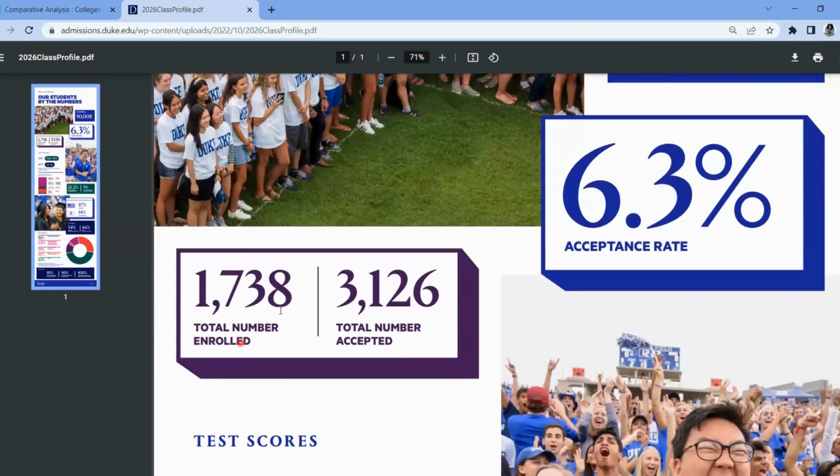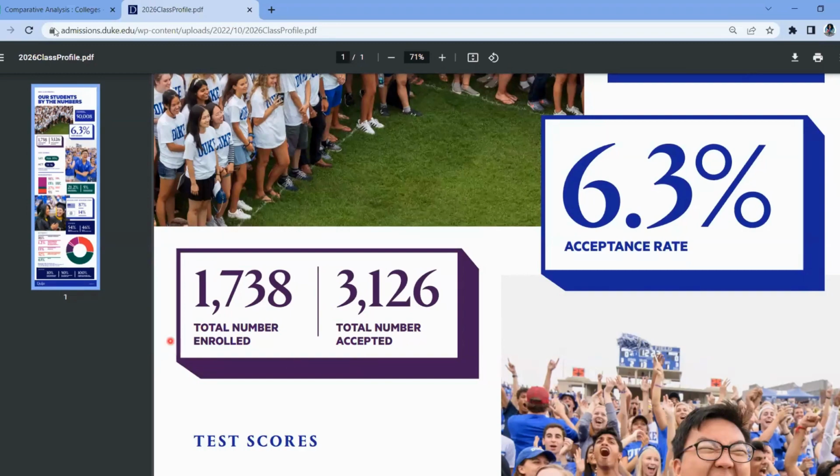So I see they tell me the total number of students who were enrolled, and that's almost half as many as the total number of students who were accepted. So if I divide this total number of students enrolled by the number of students who were accepted, and then convert it into a percentage, it will tell me what the enrollment rate is for this school.